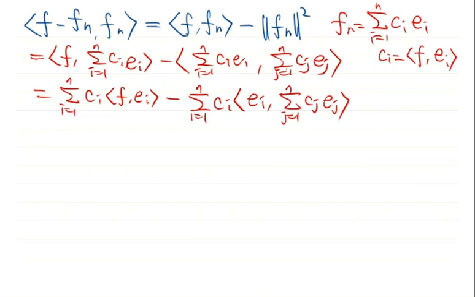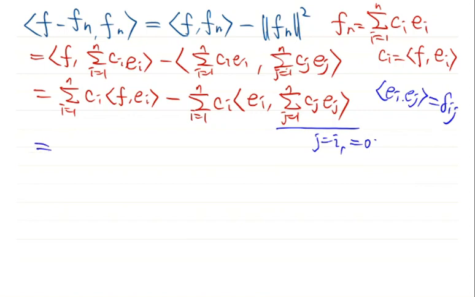But for this, you see that if j is not equal to i, the result is 0, because ei and ej are orthogonal, also normal. So only the term j equal to i exists.